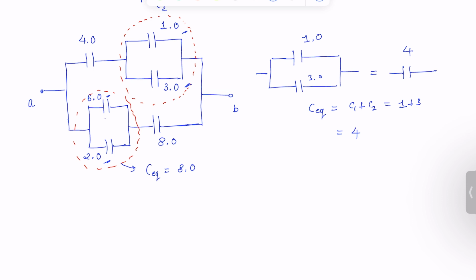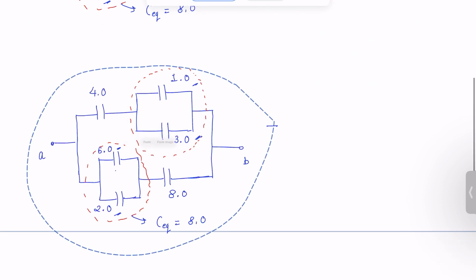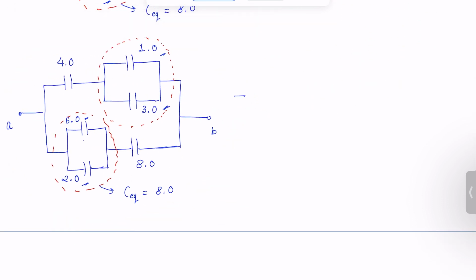So I'm going to make the new circuit now. This is the circuit we have, right? And the new circuit is this: the guy with 4 as its capacitance is still there, but instead of having two capacitors in parallel, we have just the equivalent capacitor whose capacitance is 4, right?